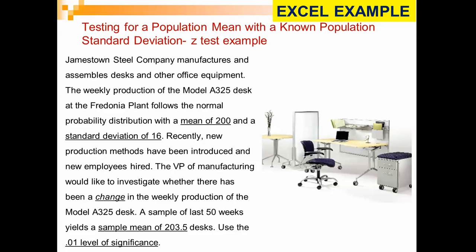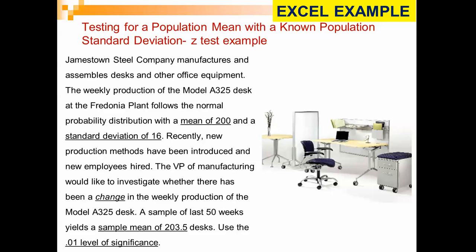And here's an example that we have. In this scenario, the Jamestown Steel Company manufactures and assembles desks and other office equipment. The weekly production of the Model A325 desk at the Fredonia plant follows the normal probability distribution with a mean of 200 and a standard deviation of 16. Recently, new production methods have been introduced and new employees hired.